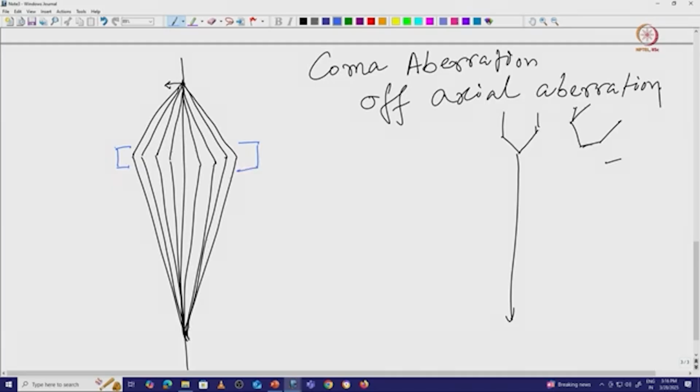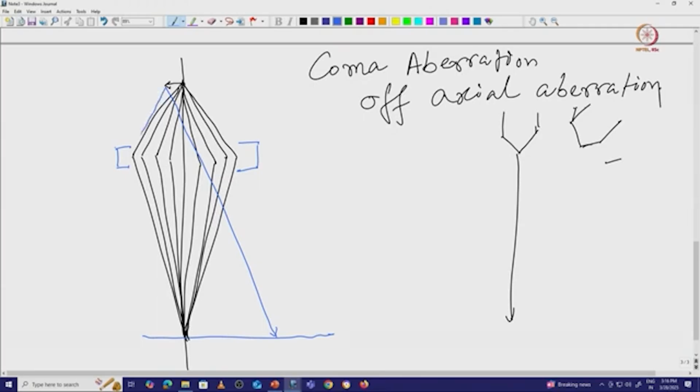First we have to draw the image plane, right? The first ray will go and converge at one particular point. This is the optical axis you consider. So when it is shifted, now I am considering this is my optical axis. Based on this optical axis, the rest of the ray diagram we have to draw.